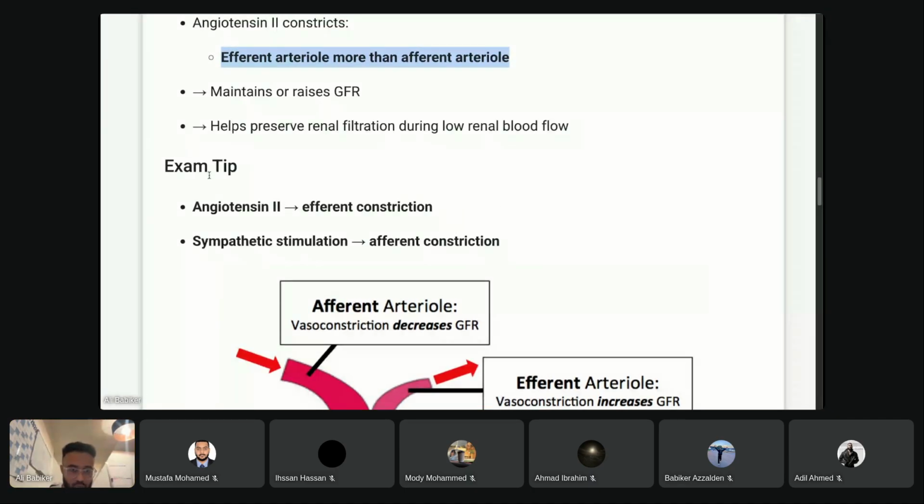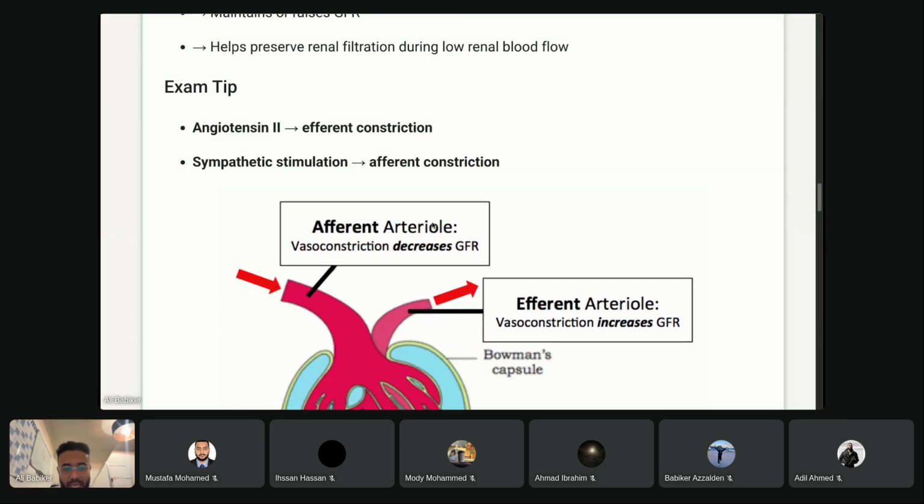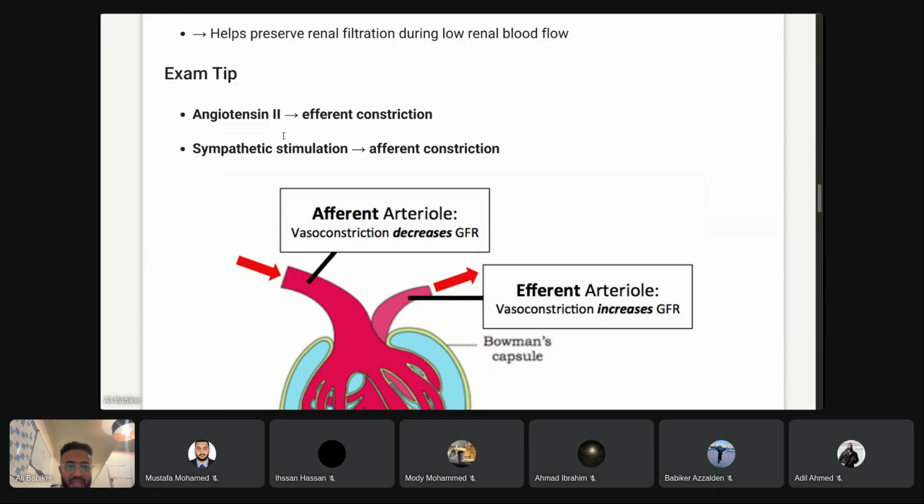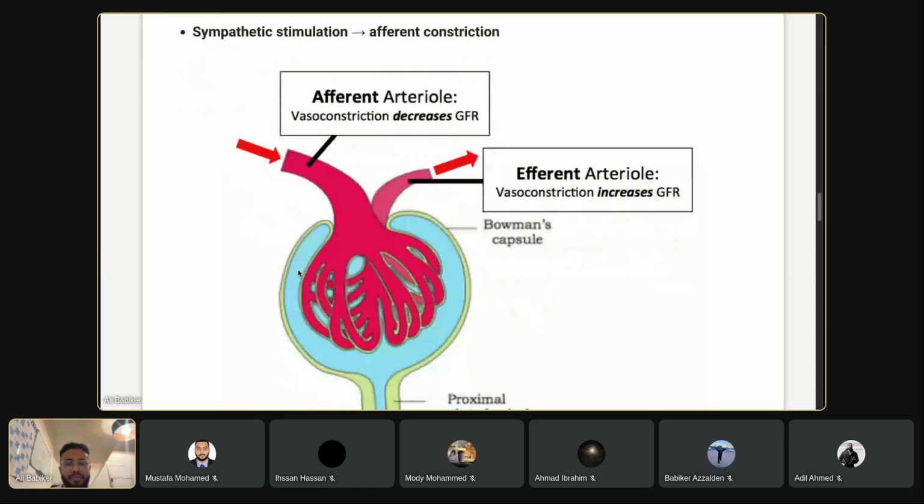Exam: what do you need for your exam? Angiotensin II causes efferent constriction, meaning this is the afferent, coming in, and this is the efferent. Angiotensin II causes constriction here. Very important. Sympathetic stimulation causes afferent constriction, which means around here. All right.